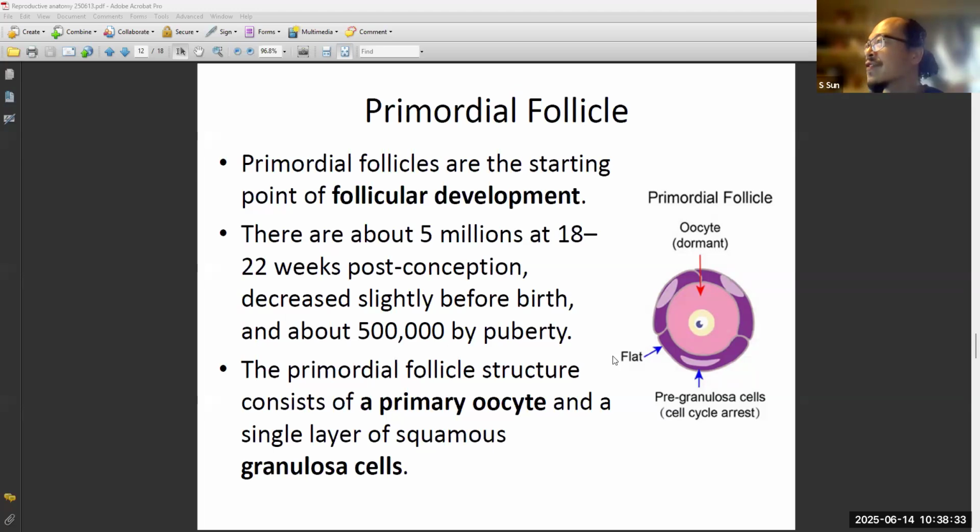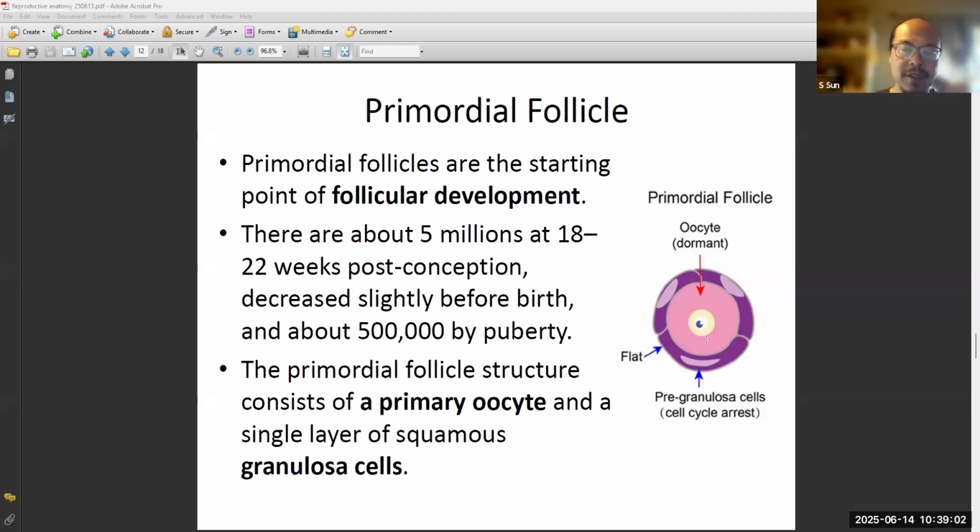Inside of it, you have the oocyte. That's the terminology that people commonly use. Dormant means that it's not growing. We learned about the cell cycle. Dormant means that it's just stuck there. It doesn't really keep on moving. And surrounding it is the granulosa cell.